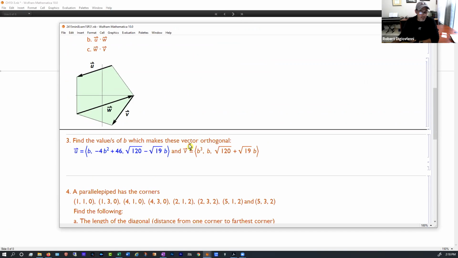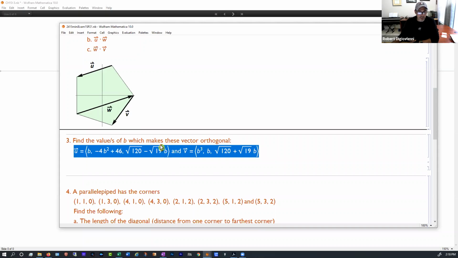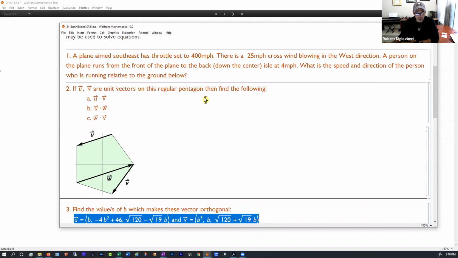So basically what I'm asking is, what does B need to be in order that when you dot these two together, you get 0? So you got to dot these together and figure it out and enjoy that, okay? Because you're going to get a pretty weird equation, and I'm very curious to see how you solve it. I expect this problem to be done without a computer, okay? I think my instructions say that too.